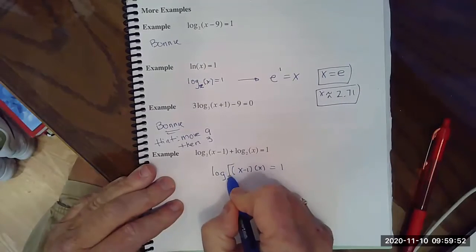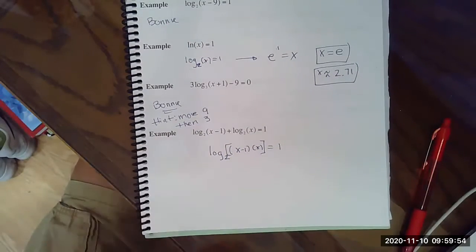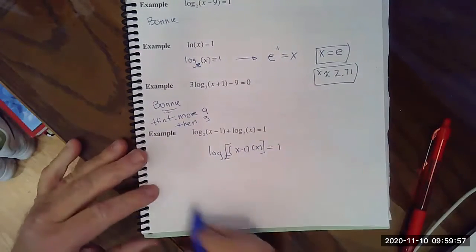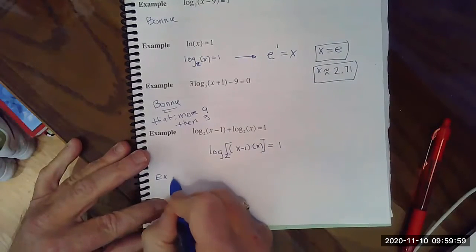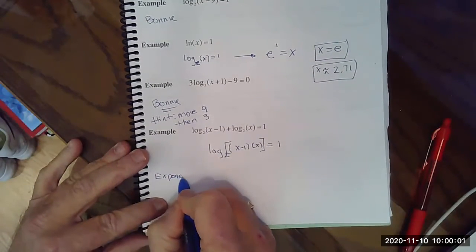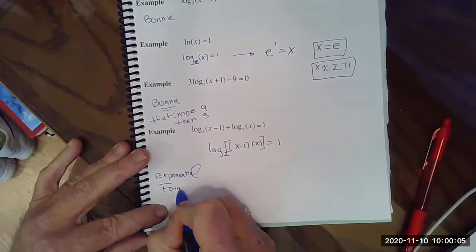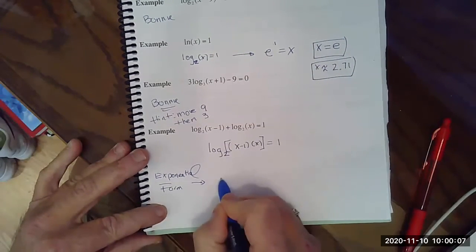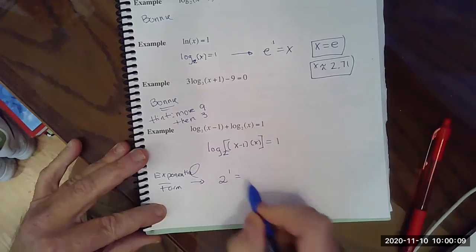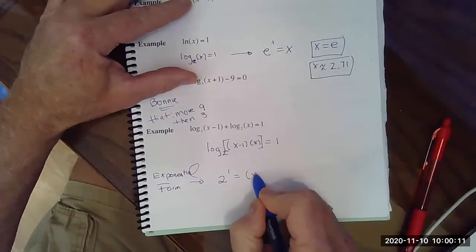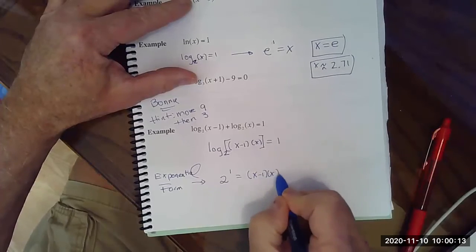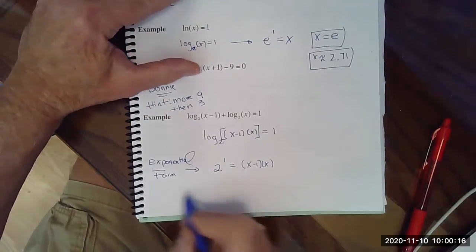And that's one big fat argument right there. Then exponential form looks like this: 2 to the first is equal to the argument. And now you solve.